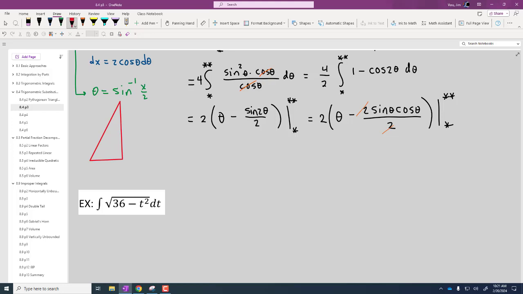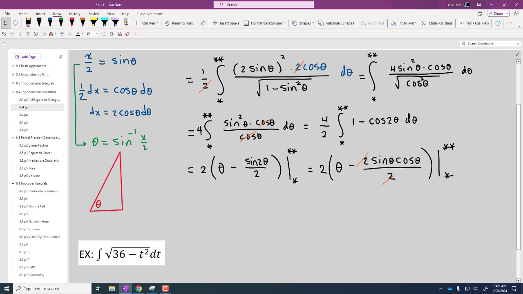And what we're doing is drawing a triangle that represents the relationship between theta and x. Every single time you do trigonometric substitution, you're going to get to this point, where you draw a right triangle in quadrant 1 and theta is that angle.